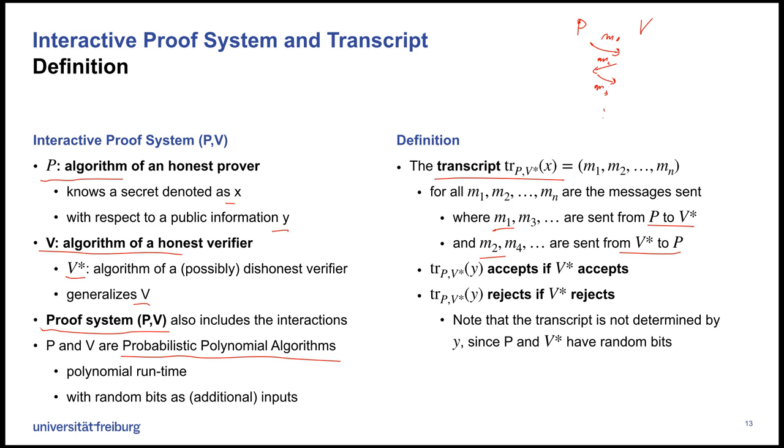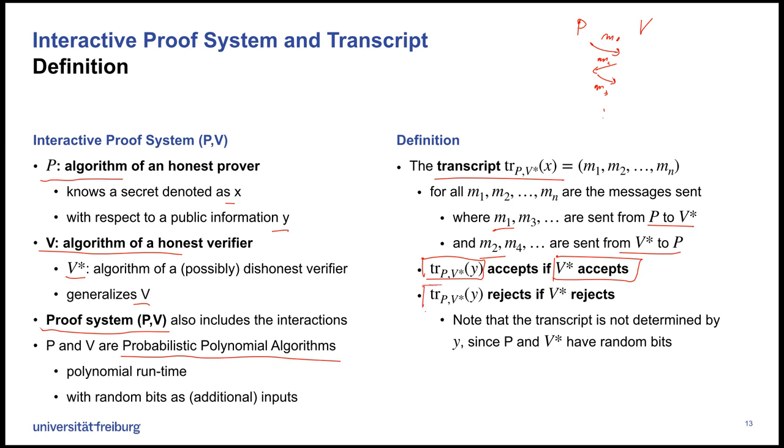If you look at this transcript, it has somehow the whole information of what is going on, because what the verifier sees are the messages from the prover and the public information. So from this transcript, if the verifier accepts, then it's all in this communication. There's no hidden information anymore.